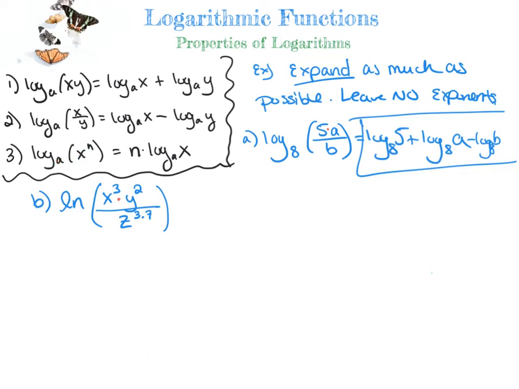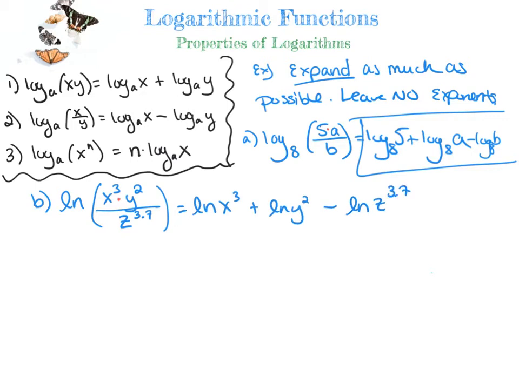But we can use rules 1 and 2. So we can write this as ln of x cubed plus ln of y squared, and the denominator minus ln of z to the 3.7.